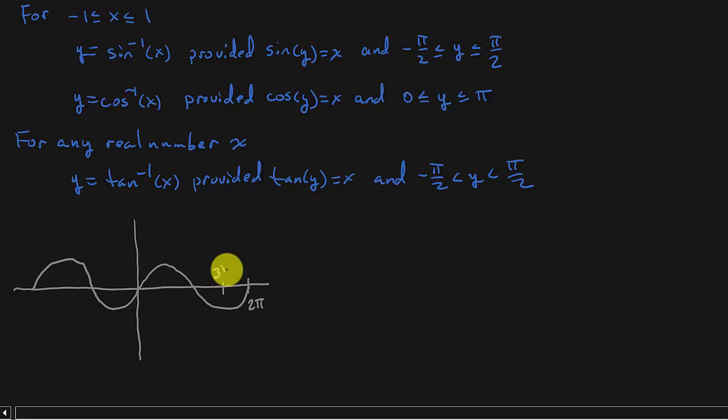This would be 3 pi over 2. This would be pi over 2. This is 0. This is negative pi over 2, pi. This would be, well, negative pi, and then negative 3 pi over 2, and negative 2 pi.